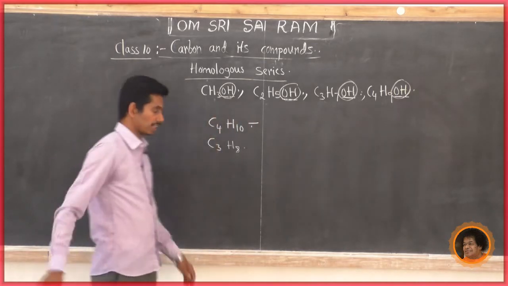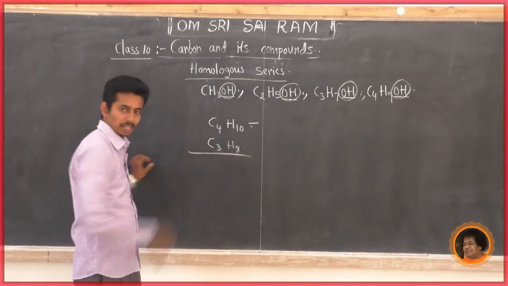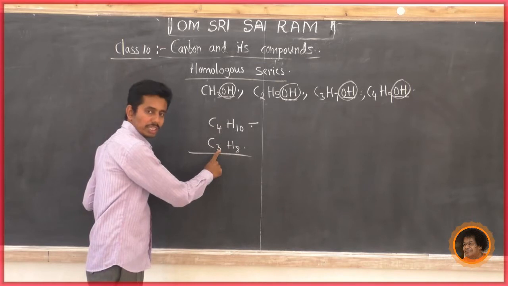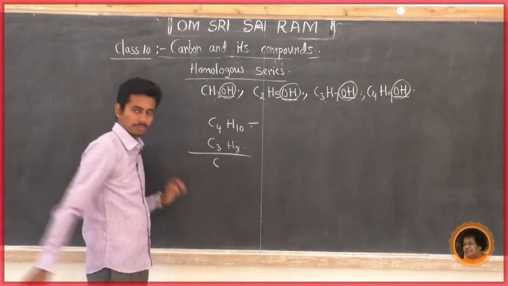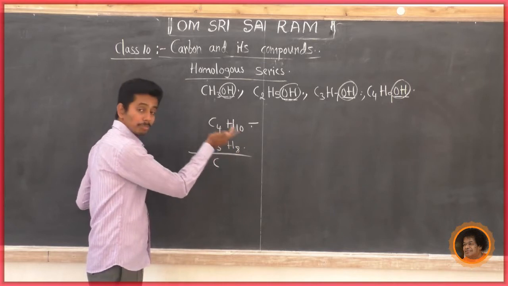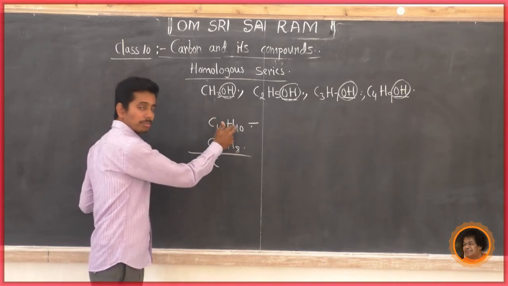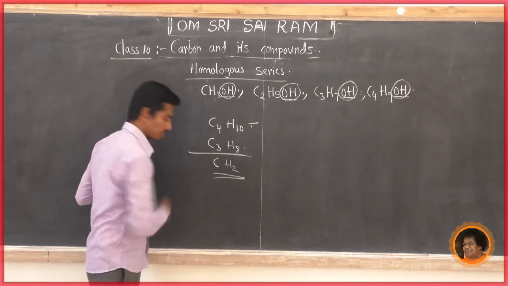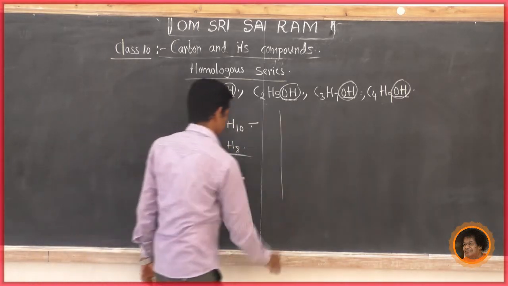What do we get? 4 carbon atoms here, 3 carbon there. 4 minus 3, only 1 carbon. 10 hydrogen, 8 hydrogen. 10 minus 8 gives 2 hydrogens. So CH2.